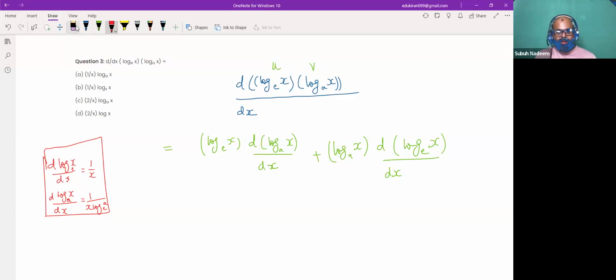Sorry, it will be like this. I wrote it wrong. The log x to the base a is there. So it will become log x to the base e by log a to the base e. Yeah, that was correct. Sorry, unnecessary, I got confused. So this is 1 by x log a to the base e.